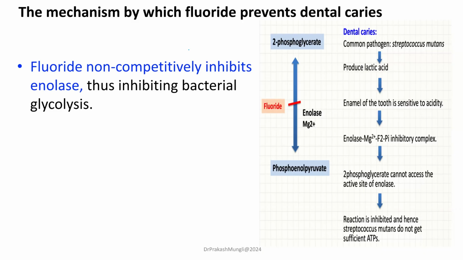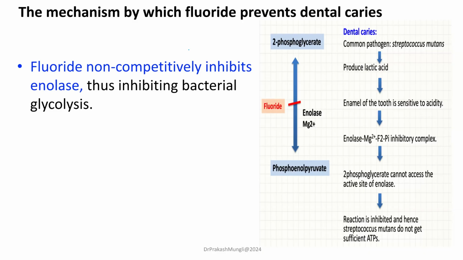If glycolysis is not completed, ATP synthesis decreases for the bacteria. Then you may ask me, how about humans? How about our own cells? Our own cells are generally not affected, because the concentration of sodium fluoride that we use in toothpaste is just sufficient to inhibit bacterial enolase rather than human enolase. That's why we are able to inhibit bacterial glycolysis and thereby prevent dental cavities.